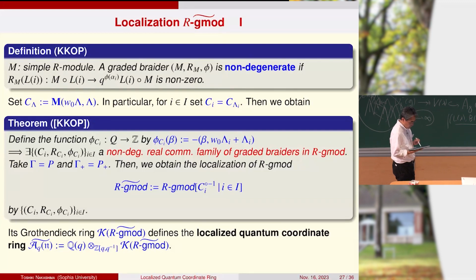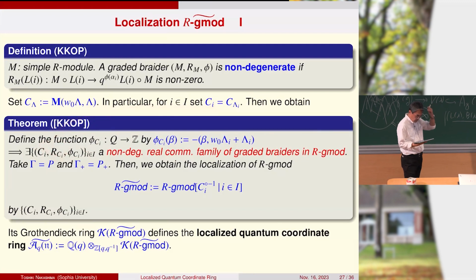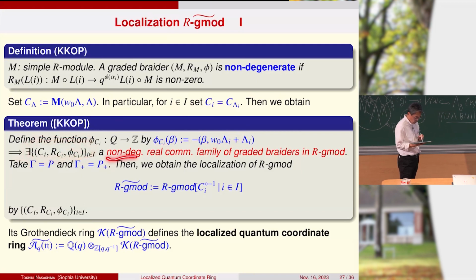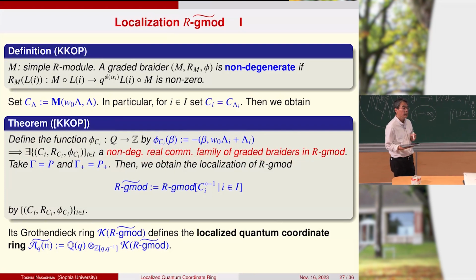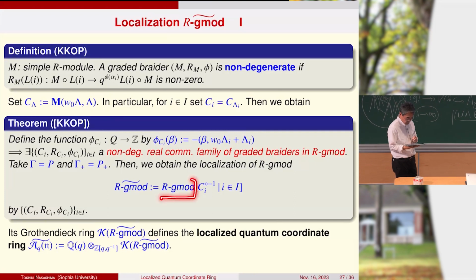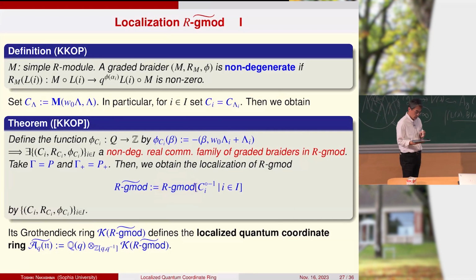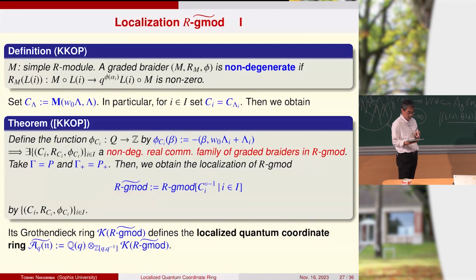Then define the function phi Ci like this. Here Ci is coming from the determinantal modules. And RCi, I omit the definitions, but there exists, and phi is this function. Then this one is a non-degenerate real commuting family of graded braiders in RG mod. Then we can localize this category to here.